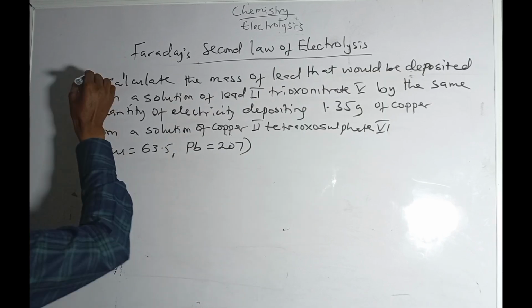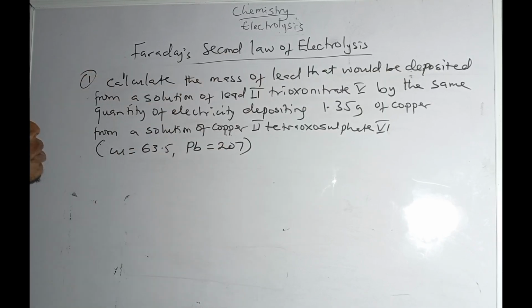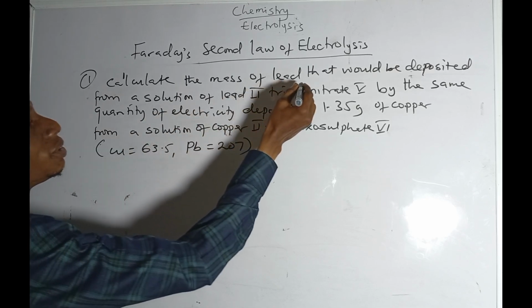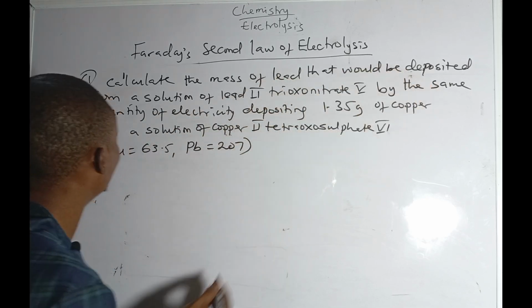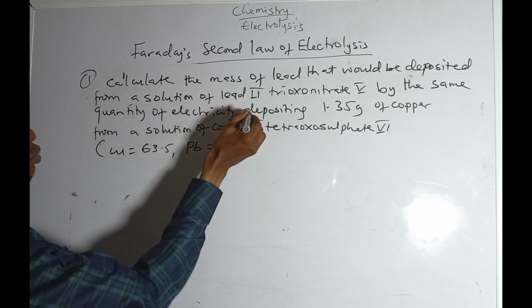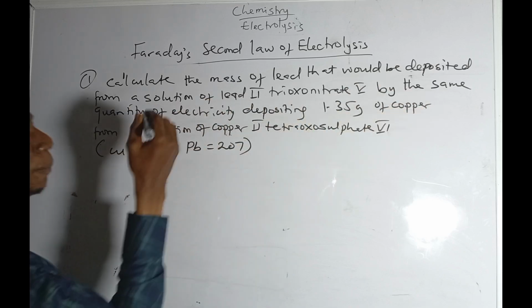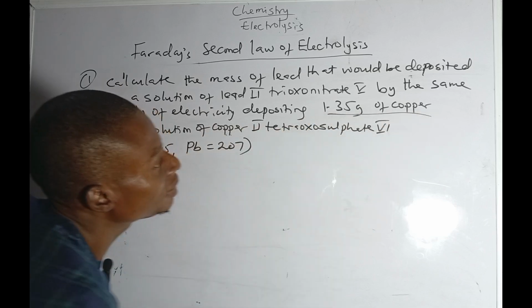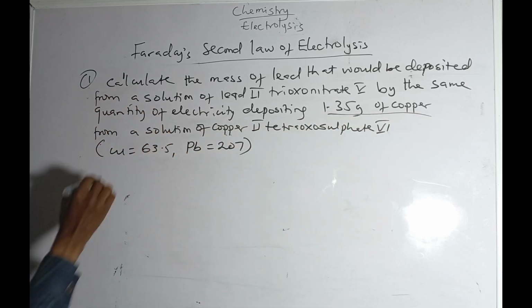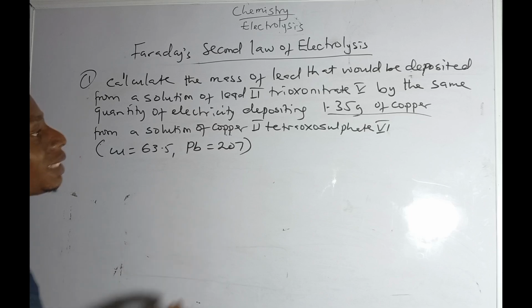First example on the second law of electrolysis. Calculate the mass of lead that will be deposited from a solution of lead(II) trioxonitrate(V) by the same quantity of electricity depositing 1.35 gram of copper from a solution of copper(II) tetraoxosulfate(VI).